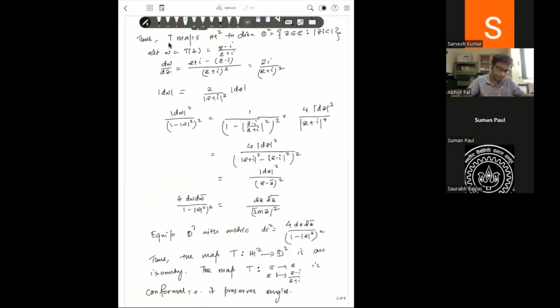T maps the upper half plane to the unit disk, and if I take W equal to T of Z and do all these computations, which I am not doing here, you can see it. It turns out that 4 dW dW bar divided by (1 minus modulus W squared) whole squared is equal to dz dz bar by the imaginary part of Z squared.